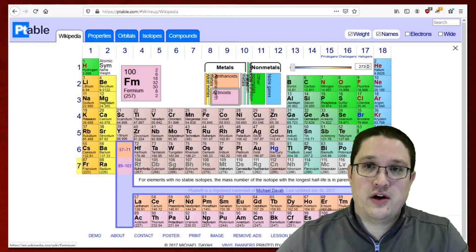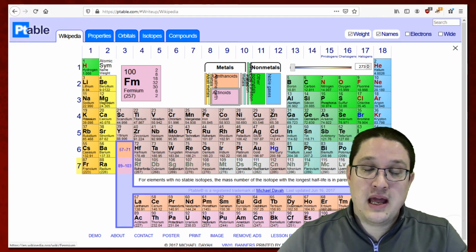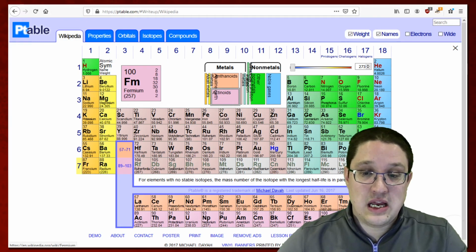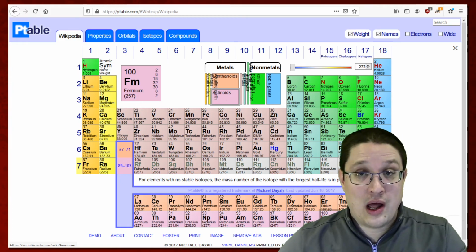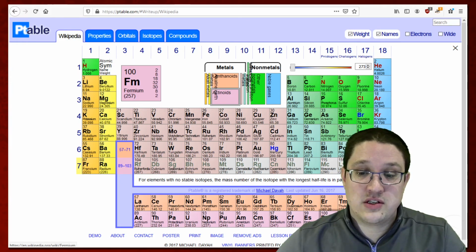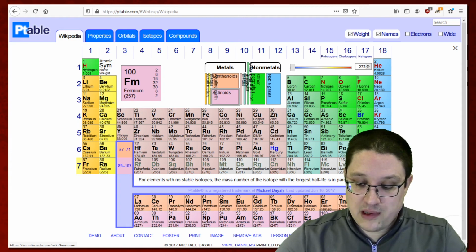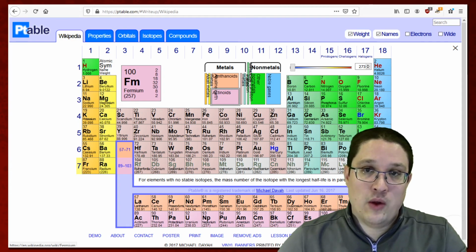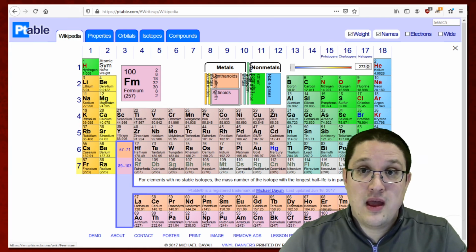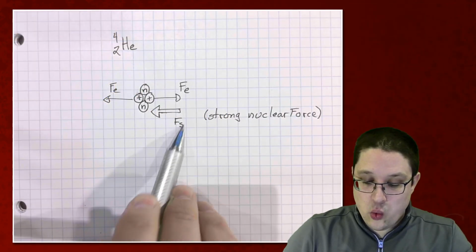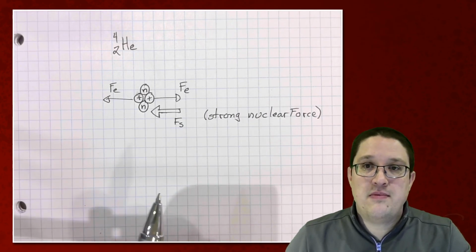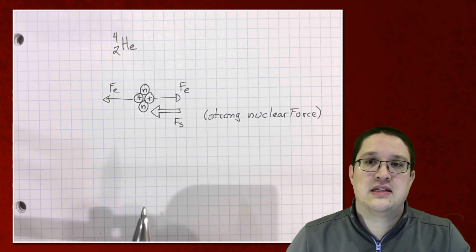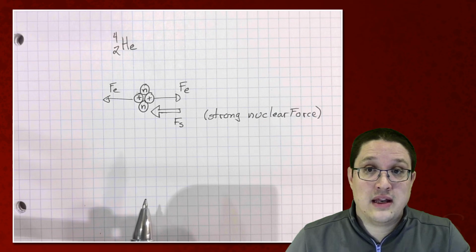So the bigger your element gets, the bigger your atom gets, the more neutrons you need to provide or help provide that strong nuclear force so that the electrostatic repulsion from the protons repelling each other doesn't blow the atom apart. Okay? Where does this strong nuclear force come from and how can we calculate stuff about it is what we're going to look at in our next lesson.